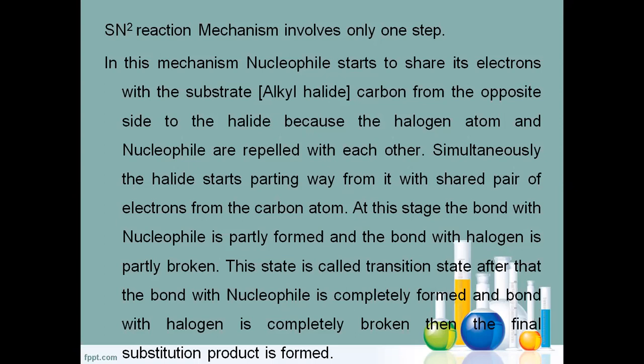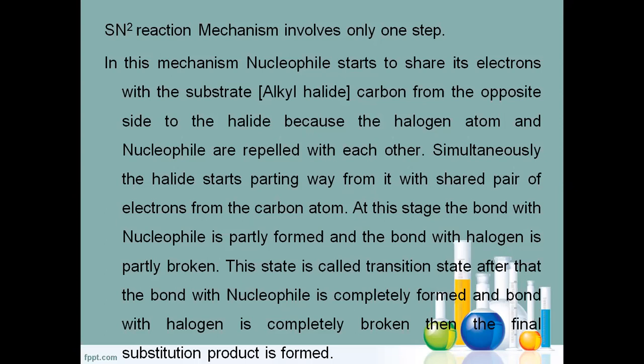That means a partial bond is formed between the carbon and the nucleophile, while the halogen is partially leaving. When the nucleophile enters the substrate, the leaving group halogen leaves partially, and finally we get the substituted product.